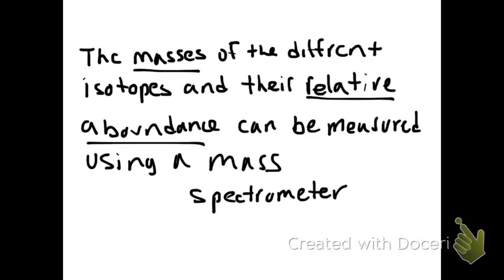Before we can define relative atomic mass and actually calculate it, we need to know how the mass spectrometer works, or the specific steps that are related to the mass spectrometer. And so that's what we're going to do. We're going to write these steps down.